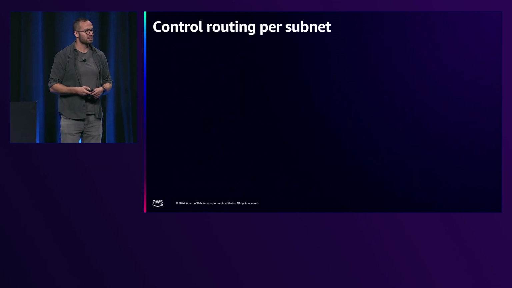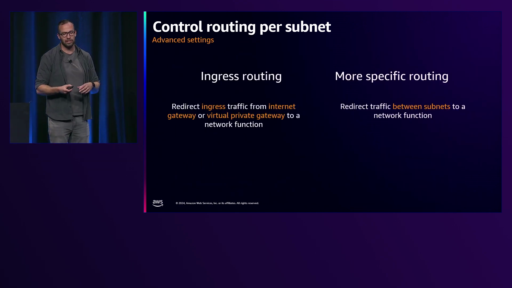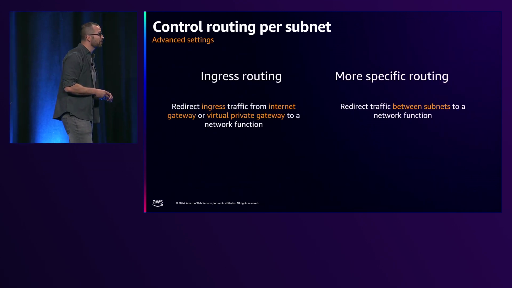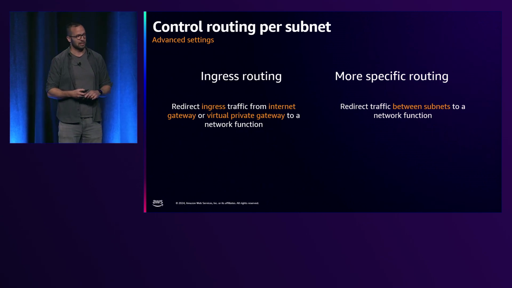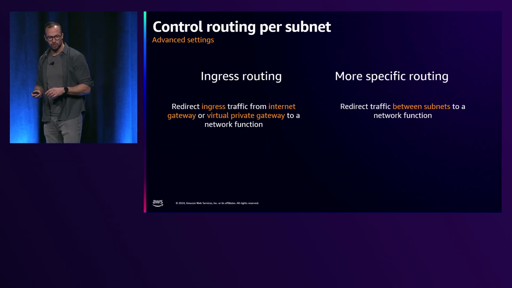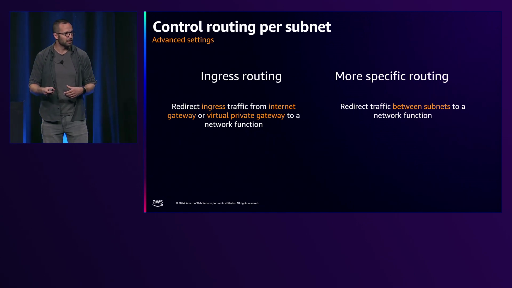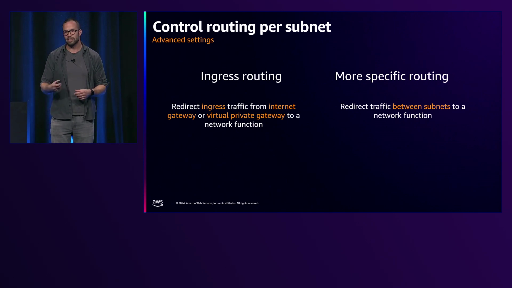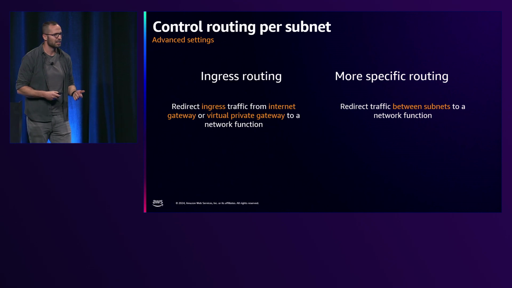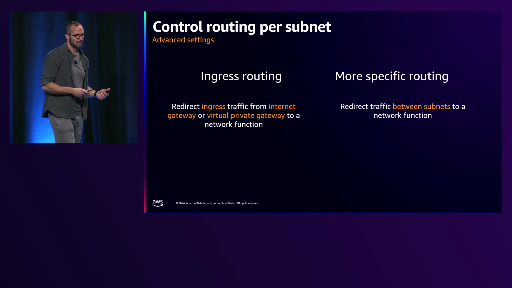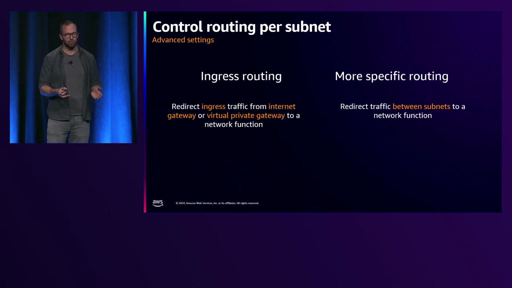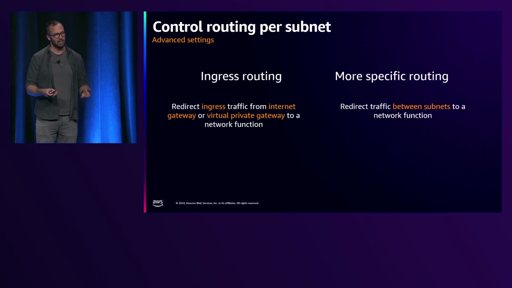Now, some more advanced constructs related to routing inside the VPC are called ingress routing and more specific routing. Ingress routing is a way for us to effectively redirect traffic coming into the VPC from an internet gateway or a virtual private gateway into a network function. And by the way, every time you hear me say network function, it usually means a firewall, but it could be something else.